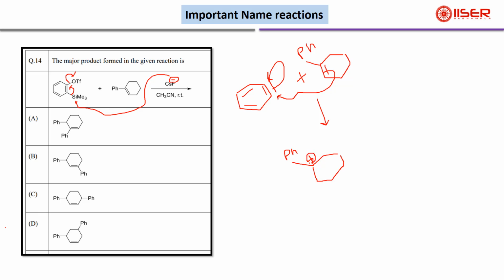Generation of a positive charge here, and generation of a negative charge here due to opening of the benzene bond. Now if there is a proton at this place, it will take a proton to neutralize this positive charge. The driving force of taking up the proton is that the newly generated double bond is conjugated with both the phenyl groups.